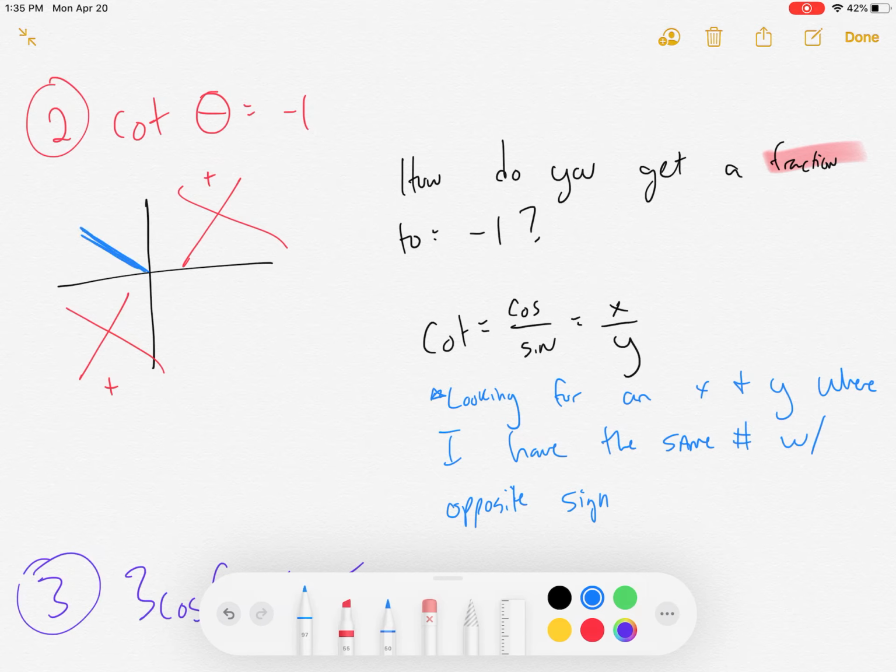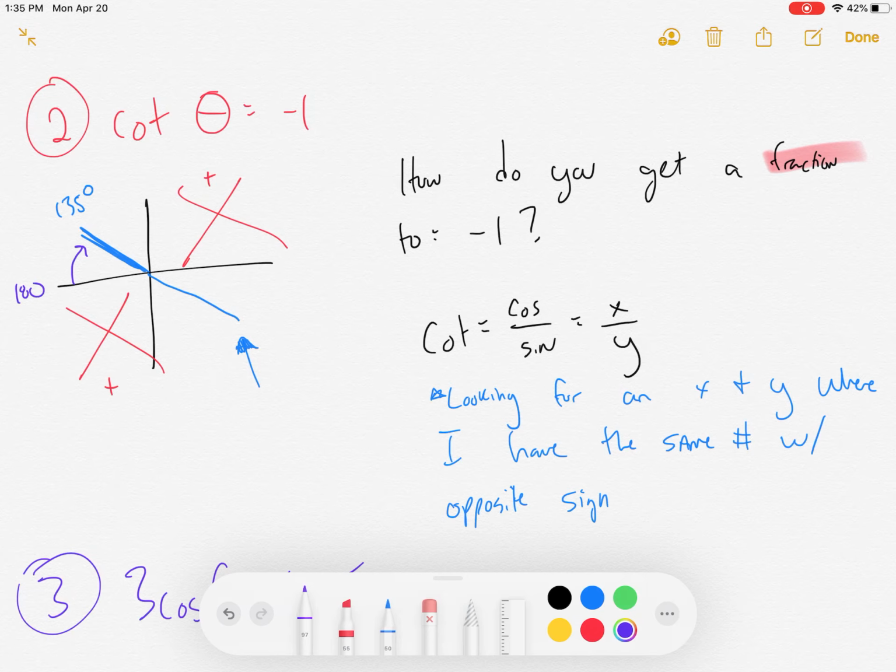So if you look on your unit circle, you should see that at 135 degrees right there, my x is -√2/2, and my y is √2/2. This is at 135 degrees. Now, like I said, you can look at your unit circle to figure out what this one is, but it's good practice to figure it out using reference angles.